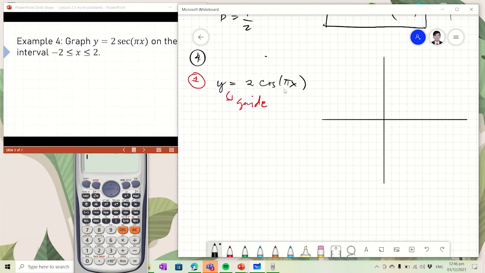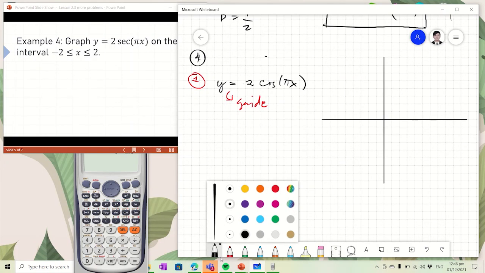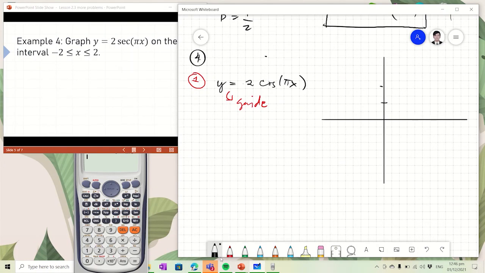So, ibig sabihin yan, 2 yung dapat max na coordinate natin. So, it should start from here. Kasi cosine nito, okay? Pag cosine, dito tayo magsa-start. Walang 0, 0. So, 0, 2, kasi positive. So, usual na graph lang.